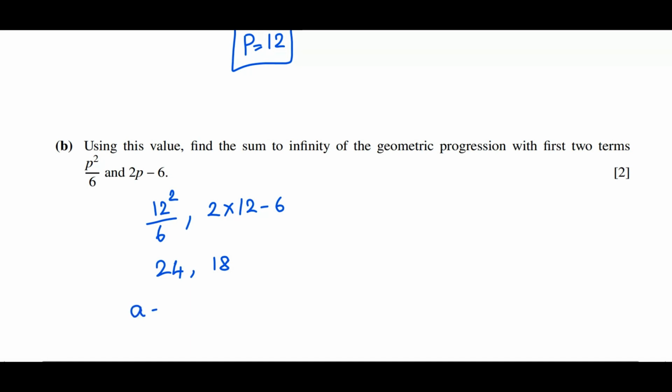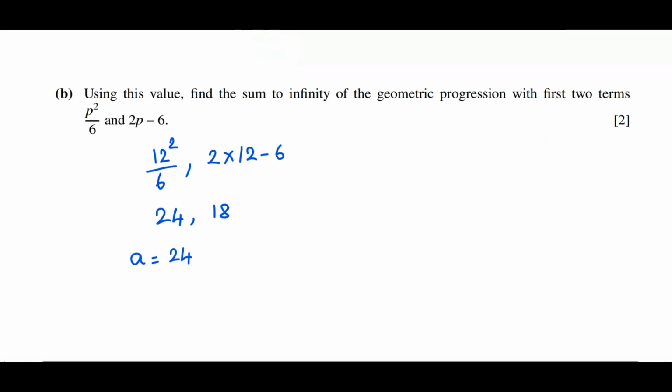So A is equal to 24, and the value R is the ratio of the number 18 and 24. That is the second term divided by the first term. So this is equal to 3 over 4.